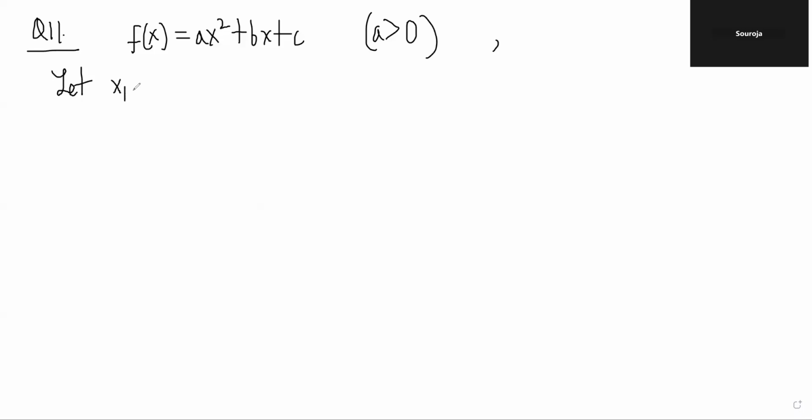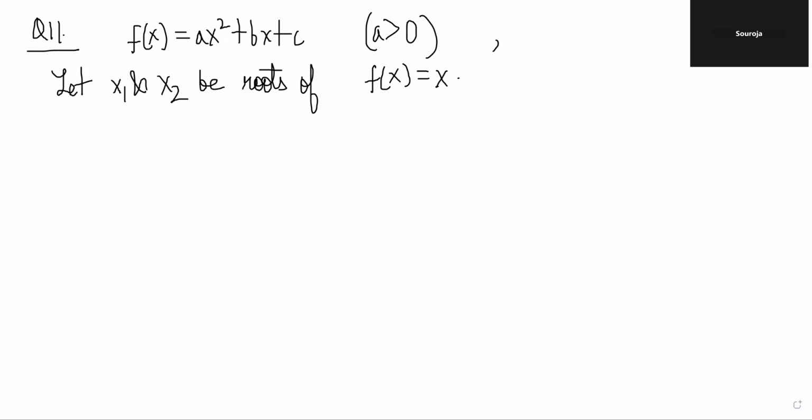Question 11 says f of x is ax squared plus bx plus c. A is greater than 0. So it's supposed to be U-shaped, right? Let x1 and x2 be roots of which equation? The equation f of x equals x.